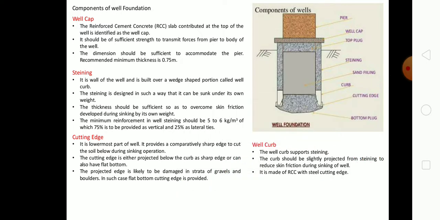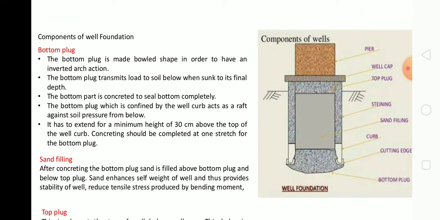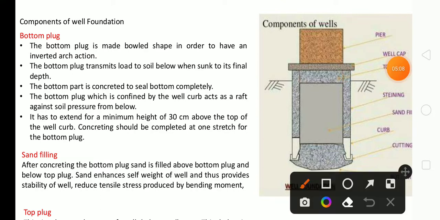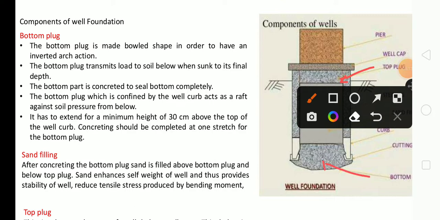Now we will go further to the bottom plug. You can see here this is the top plug, and this is the bottom plug. The bottom plug is made bowl shaped in order to provide inverted arch action. The bottom plug transmits load to the soil below when sunk to its final depth.